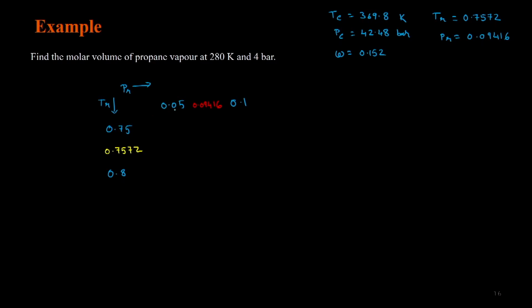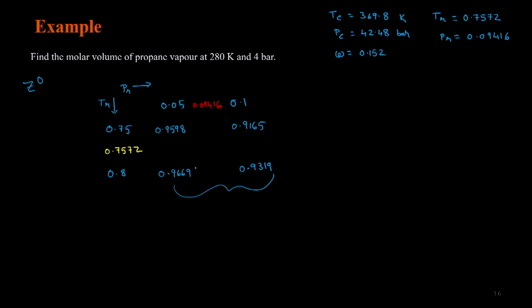So let's first fill in the details we have at the four conditions. At 0.75 and 0.05, I have it as 0.9598. These are values for Z0. At 0.75 and 0.1 it is 0.9165. At 0.8 and 0.05 this value is 0.9669, and this value here is 0.9319. What we'll do is a linear interpolation between 0.05 and 0.1 to get at 0.8, but at this PR.